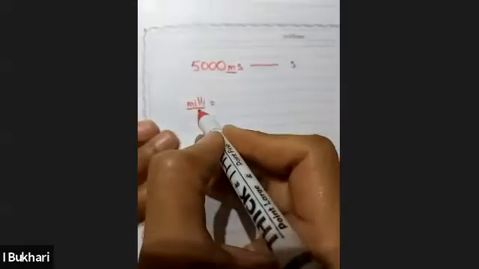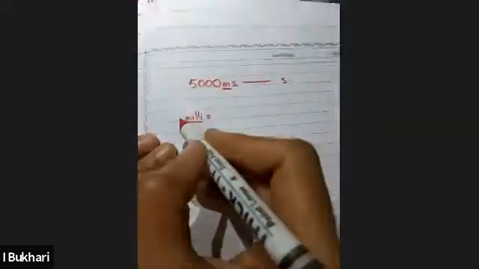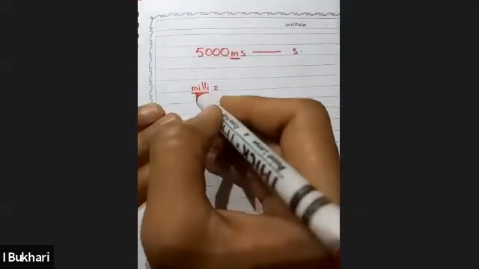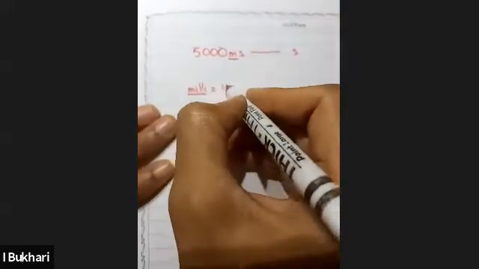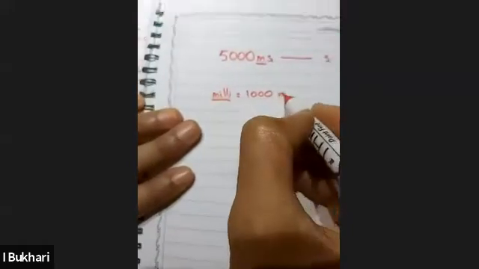Teacher, I was not in the last class. But okay, I know that milli, there are 100 numbers in milli. No, 1,000. Milli means 1,000. So 1,000 milliseconds is equal to 1 second.